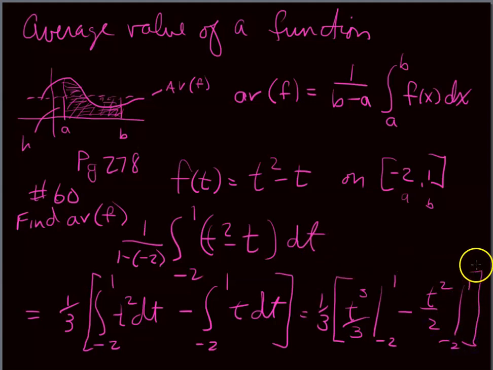I'm going to have to squeeze this in a little bit. So it's 1/3 times, this is 1/3 minus 8/3, minus 1/2, and then with the negative 2, it's still going to be minus 1/2.